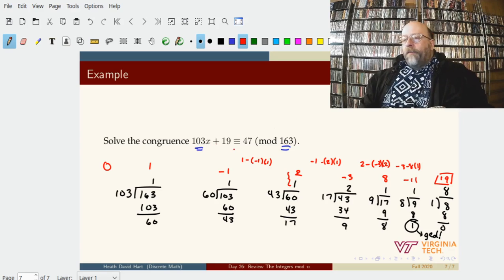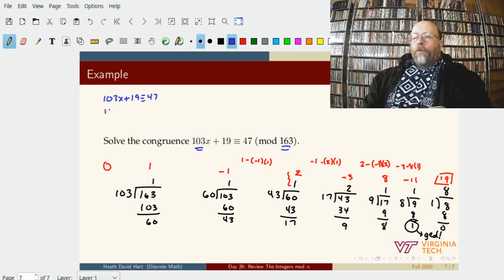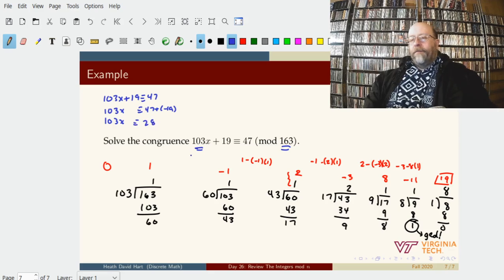So now we're ready to solve this congruence. We have 103x plus 19 is congruent to 47. So 103x is congruent to 47 plus negative 19, which is the same thing as 103x is congruent to 28. Now I'm going to multiply both sides by 19.